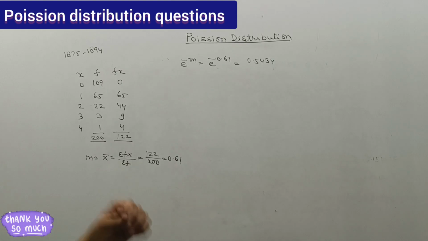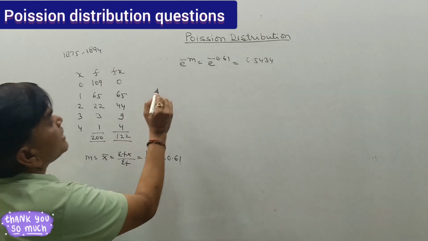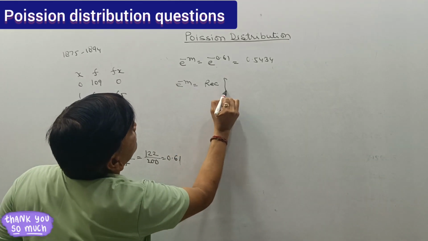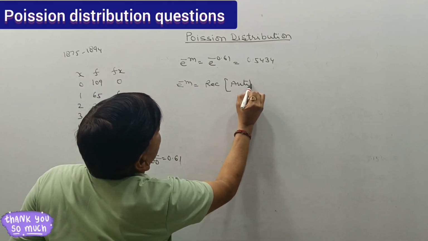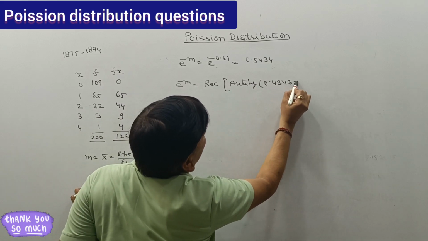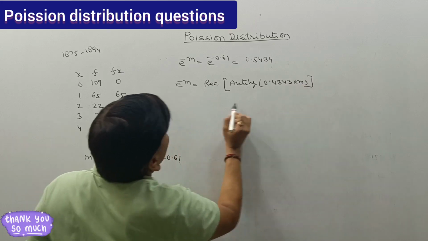We have another method also for getting e raised to power minus m: it is the reciprocal of the antilog of 0.4343 multiplied by m. We can use this formula also.